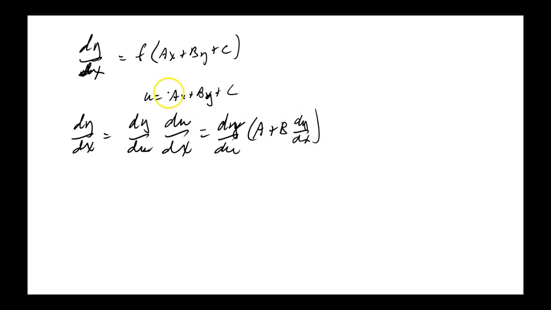You have to do that: du/dx of this thing would be a plus b times dy/dx.